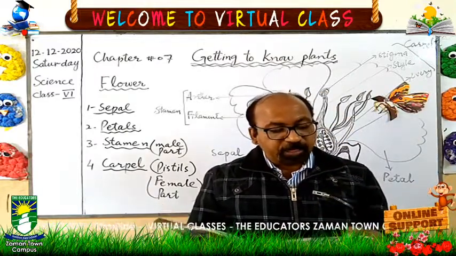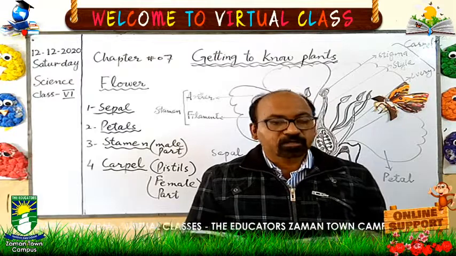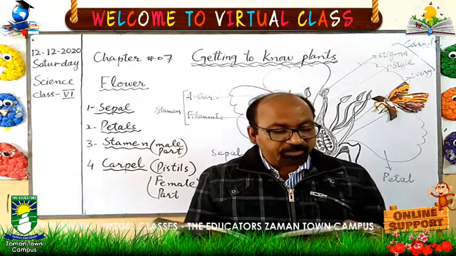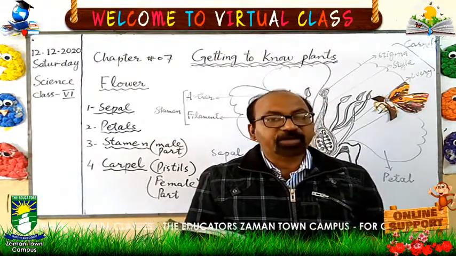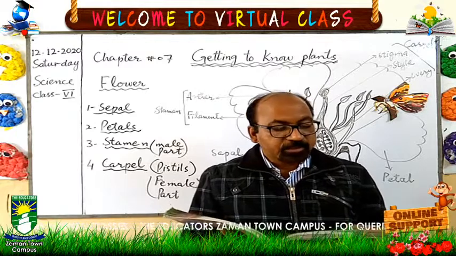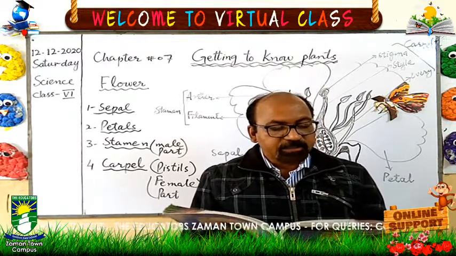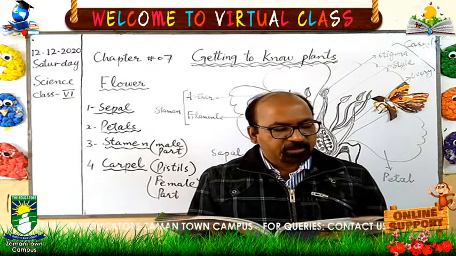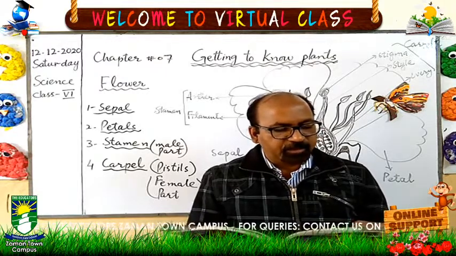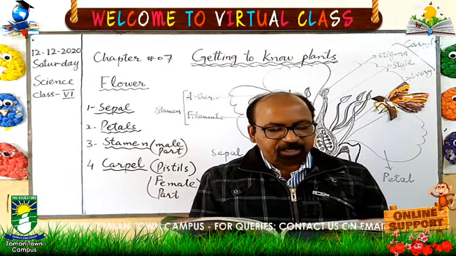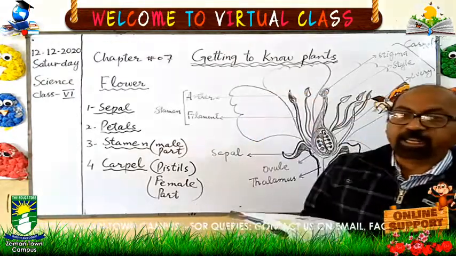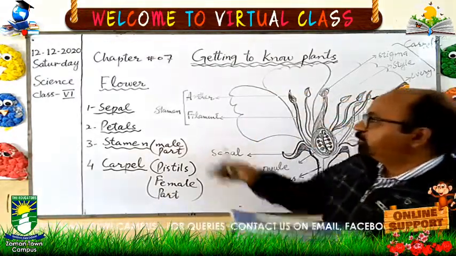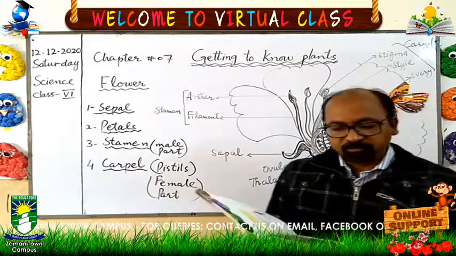From this A part you will do question number 3 and question number 5. Question number 3: how does the stem help the plant? Mention the important points. And number 5: name the different parts of flower. You will write the names of different parts of flower which are written here on the board.